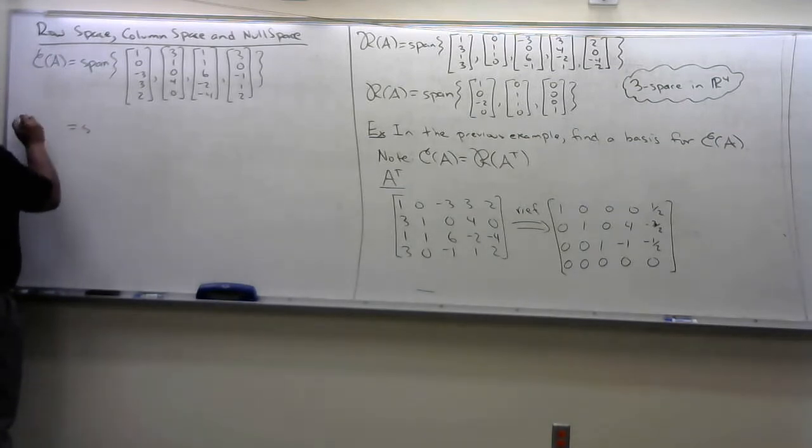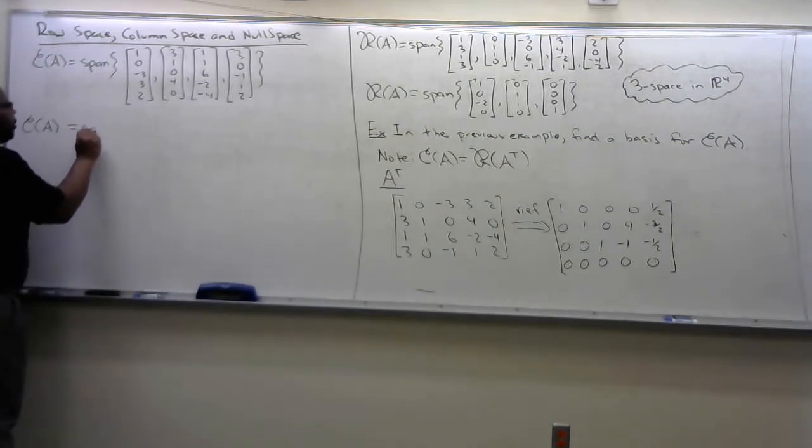When I take the reduced row echelon form, I'm going to be left with my basis vectors.